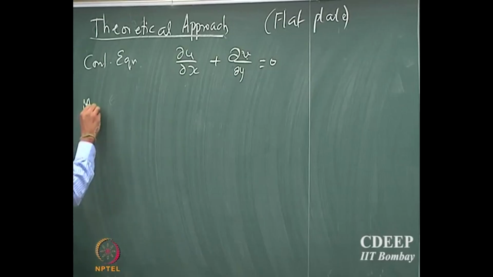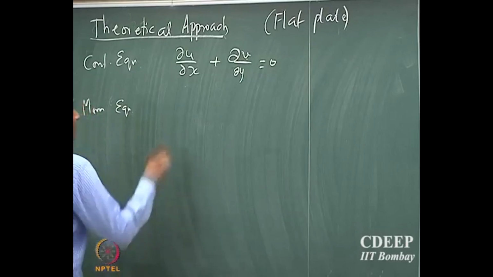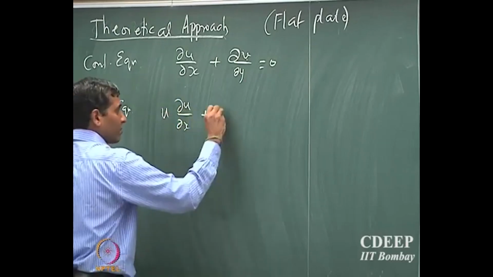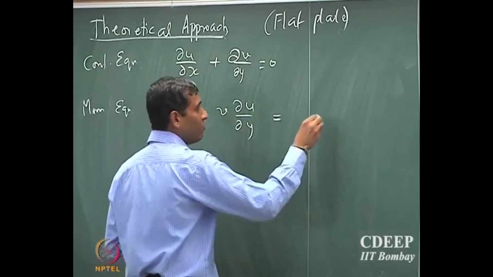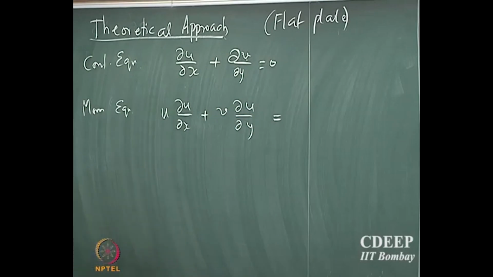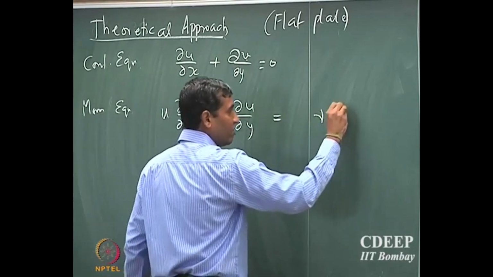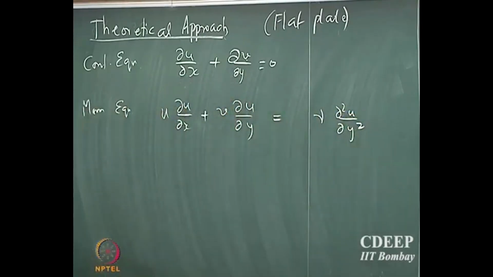Then you have the momentum equation, that will be u du by dx plus v du by dy equal to, we said that dp by dx can be approximated to 0, so we will have nu into d square u by dy square.